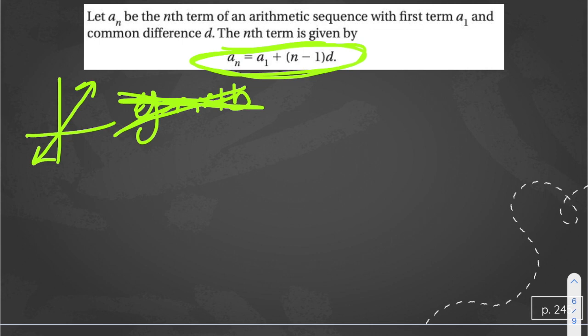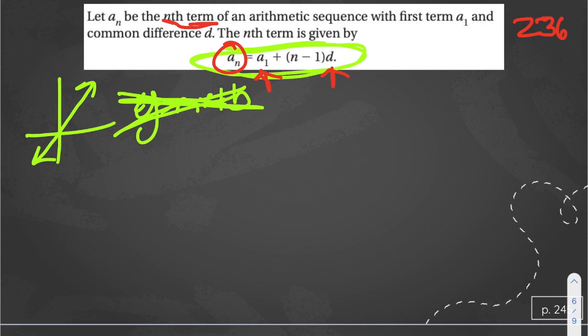So this key idea, if you're following with me in the textbook, it'd be on the bottom of page 245. Let a sub n be the nth term. So a sub n is saying if we want to find any term in the sequence, you give me a term, it can be the 236th term, and we'll be able to find it. Let a sub n be the nth term of an arithmetic sequence with the first term a sub 1 and the common difference being d.